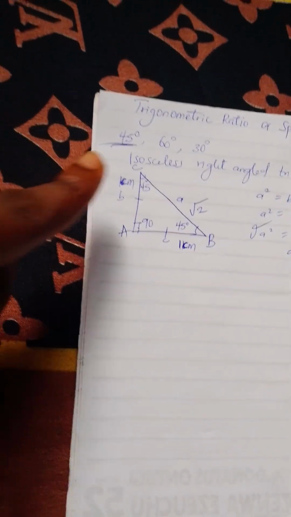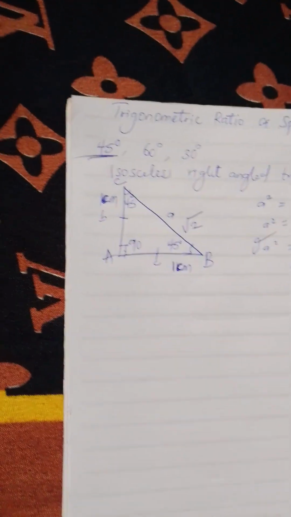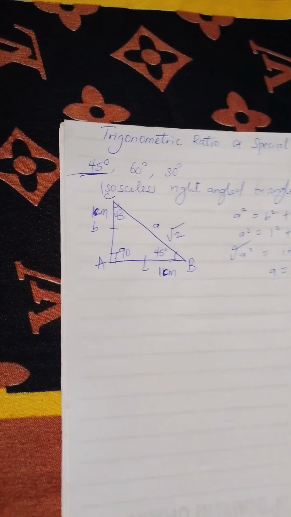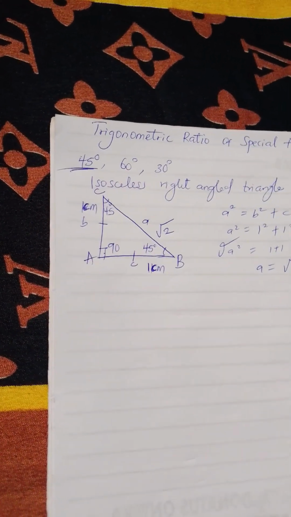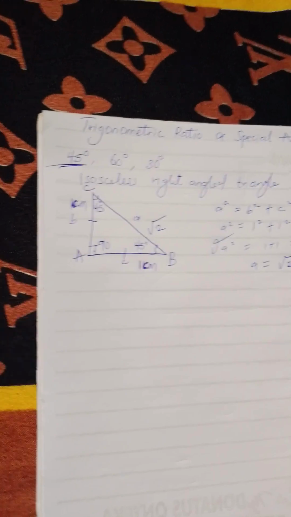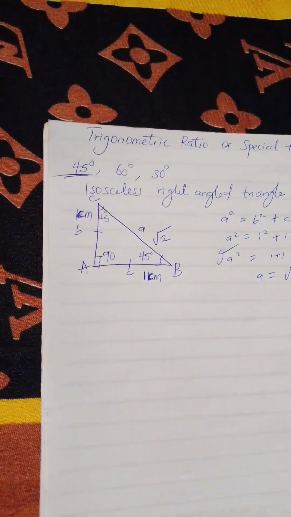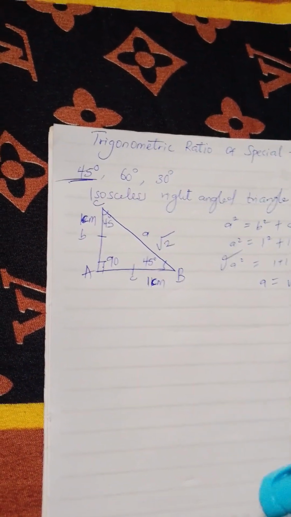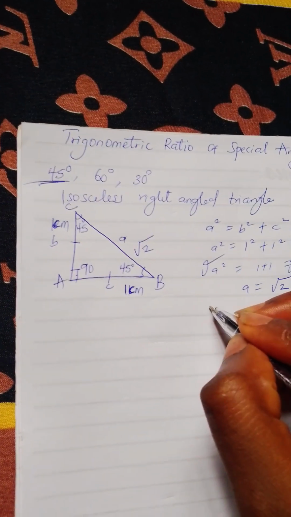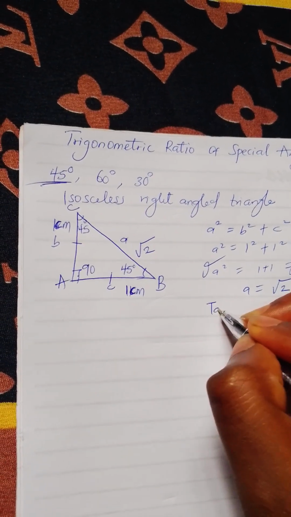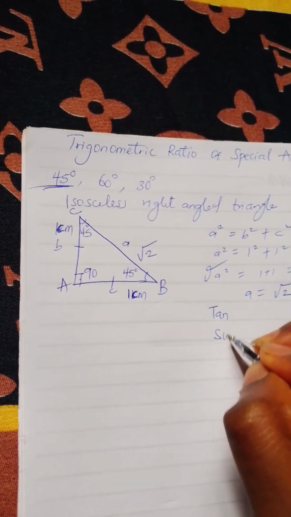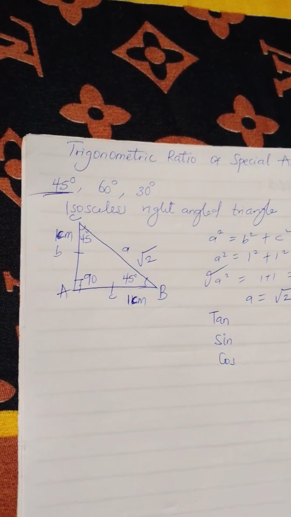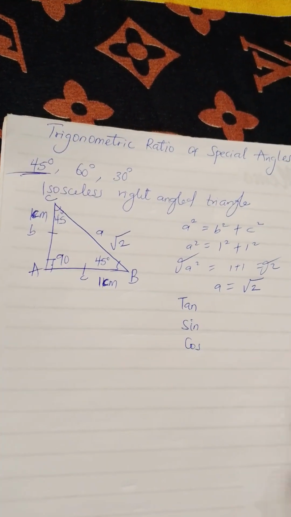Now, since the angles here are 45 degrees, I'm going to be using those trigonometric ratios that we know to find the ratios for this particular angle. So the trigonometric ratios that we have are tan, sine, and cos. So these are the ones that I'm going to be focusing on.